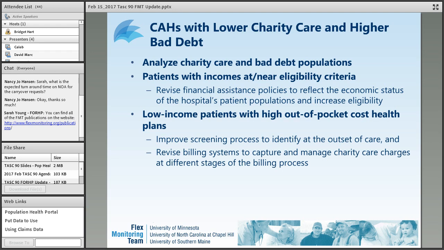Is a higher rate of bad debt really people who aren't willing to pay, or is it a question of the policies and whether they should look at those? We also want to look at patients with high out-of-pocket health costs. We know that many people are insured, but if they have $5,000, $10,000 out-of-pocket for the personal or family costs, they're functionally uninsured.